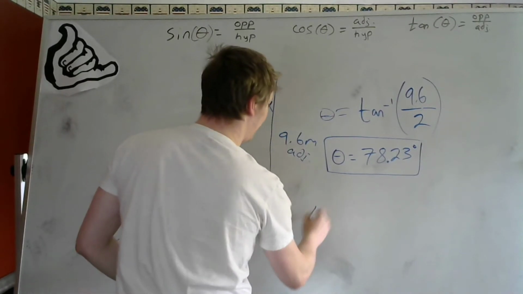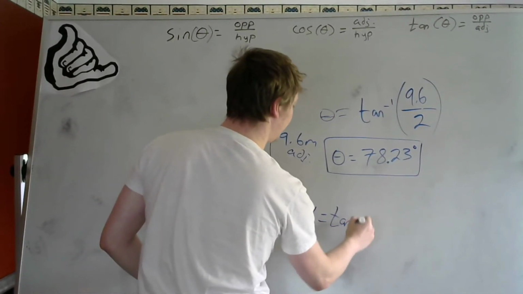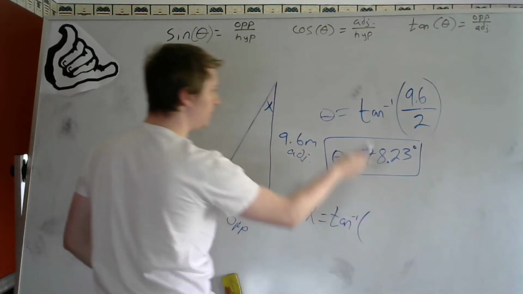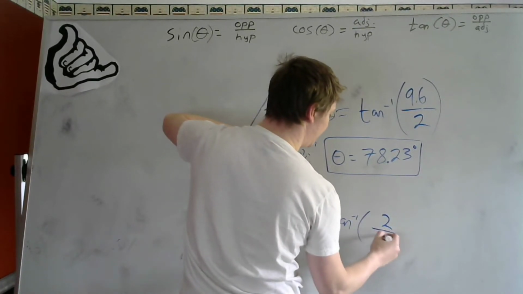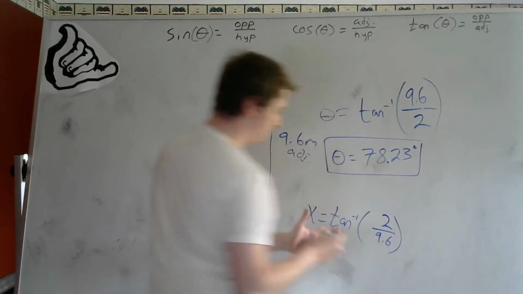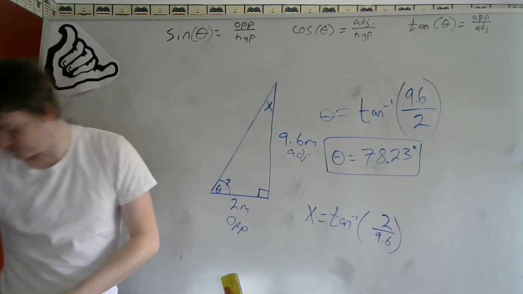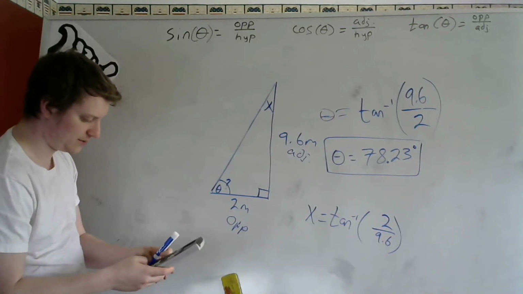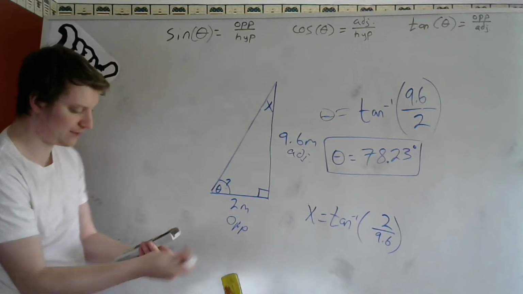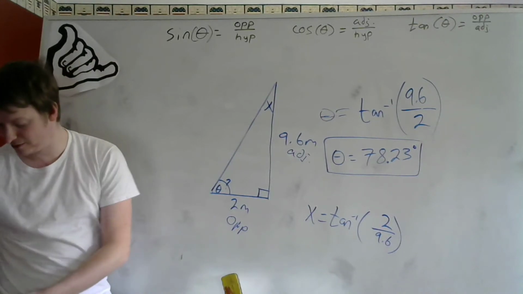Now, x will be equal to the tangent inverse, because I'm solving for the angle, it's going to be the inverse of 2 over 9.6. So we do the tangent inverse of 2 divided by 9.6, and we get 11.77.